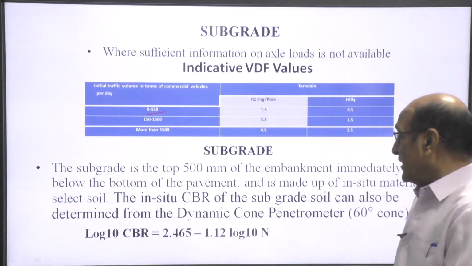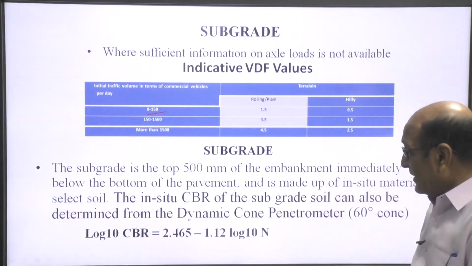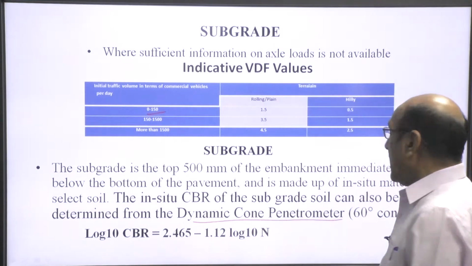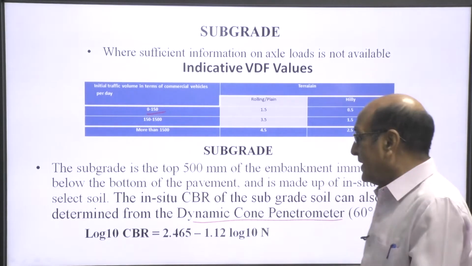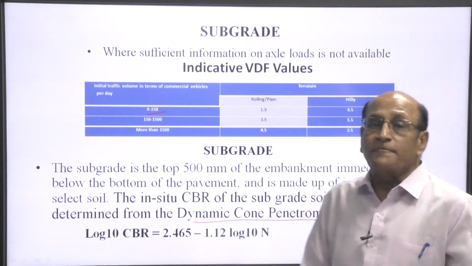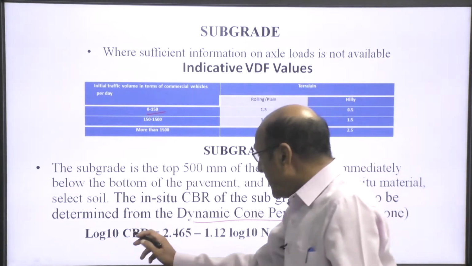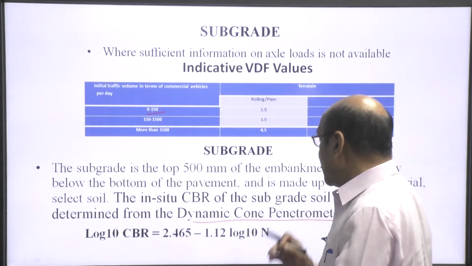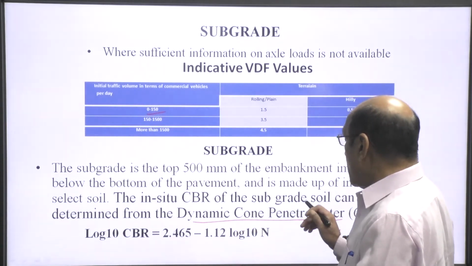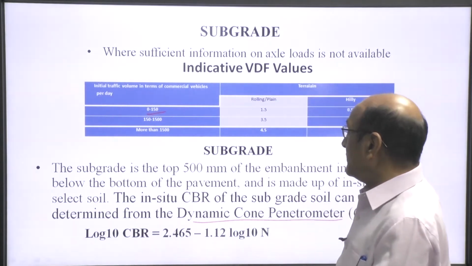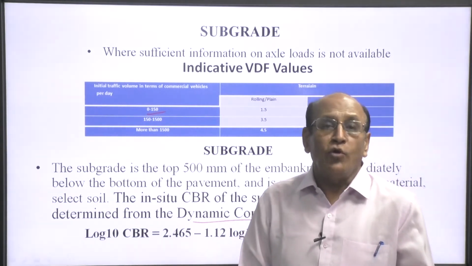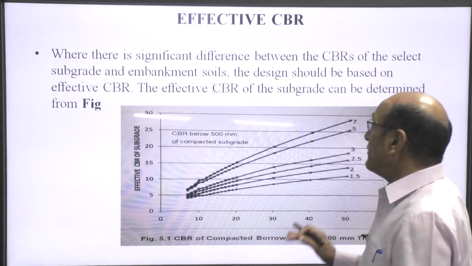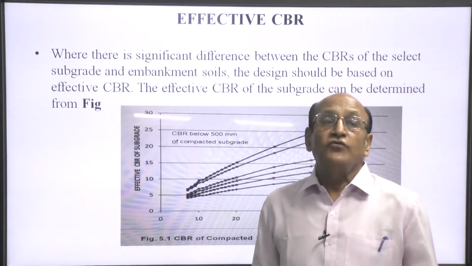The CBR of in situ subgrade soil can be determined from the dynamic cone penetration test having a 60 degree cone, and the formula for calculating the CBR is log base 10 CBR equals 2.465 minus 1.12 log base 10 N, where N is the number of blows. So, by this method we can calculate the CBR of soil.